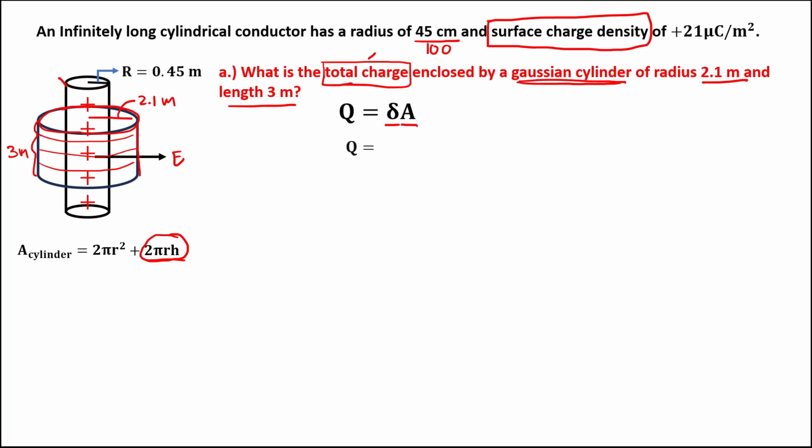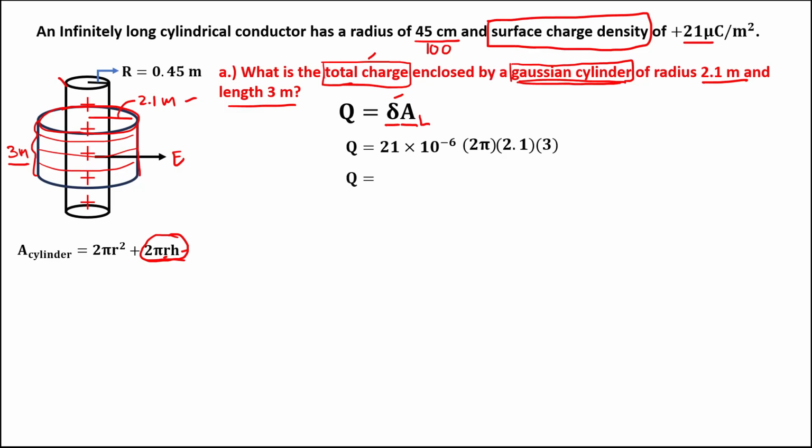So to find out the total charge, we have this surface charge density, that's 21 micro. So that's times 10 to the power negative 6 times the lateral area. So we have 2 pi times the radius of the Gaussian cylinder, that's 2.1 meters, times the height or the length, that's 3 meters.